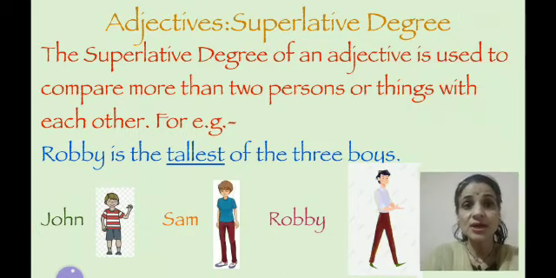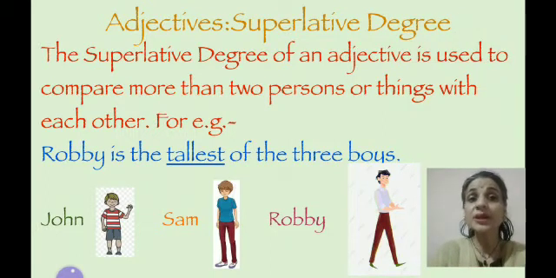Next is superlative degree. The superlative degree of an adjective is used to compare more than two persons or things among each other for the same category, same quality. For example, Robbie is the tallest of the three boys. Here we are showing a comparison among three boys height-wise.